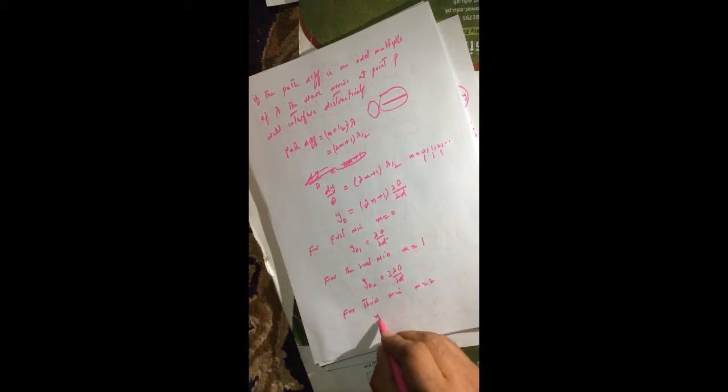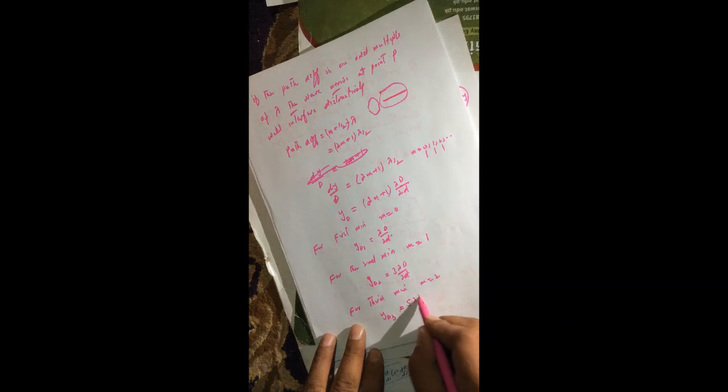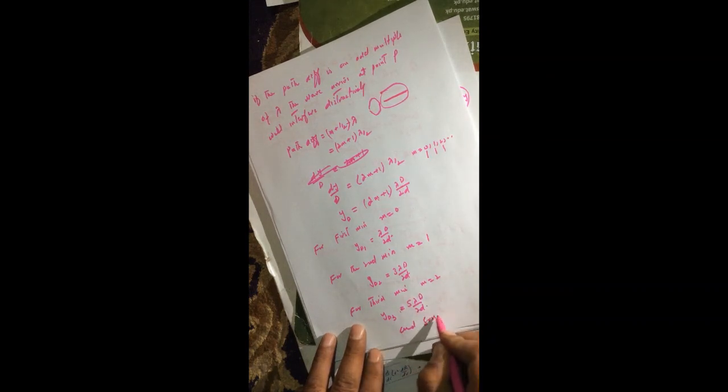So the position of the third dark fringe is 5 lambda D divided by 2d, and so on. By this way we can calculate the positions of the first, second, third and so on dark fringes, or minima.